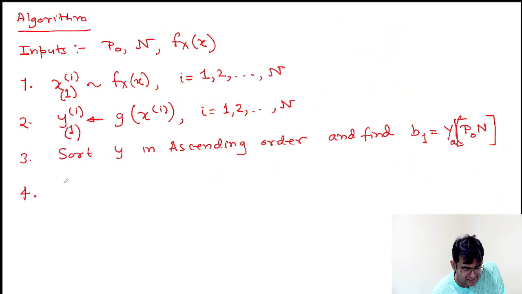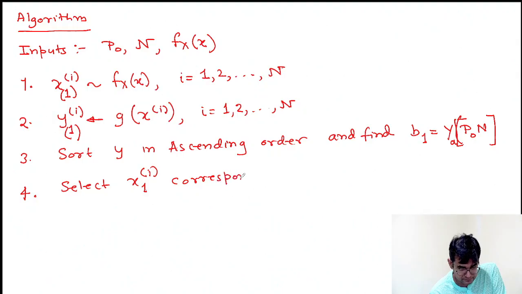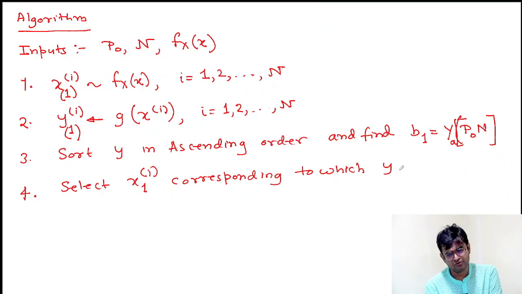So this is select x1i corresponding to which y is less than threshold. So threshold should be here less than 0, right? y is less than b1.